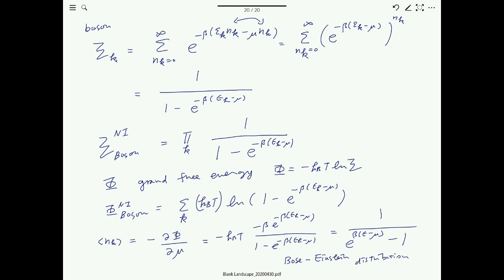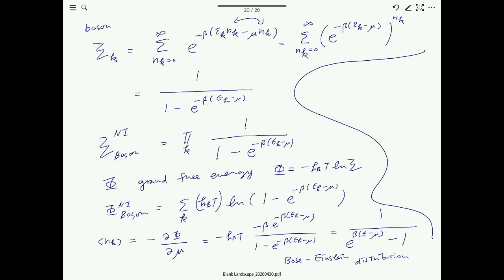So it is 1 over exponential β(ε − μ), and the important thing is the minus 1. So how do I get that?